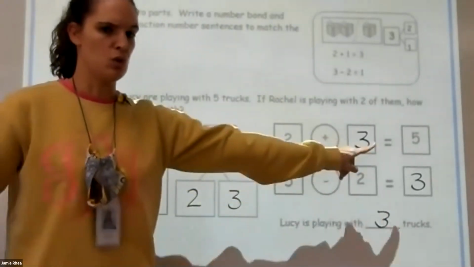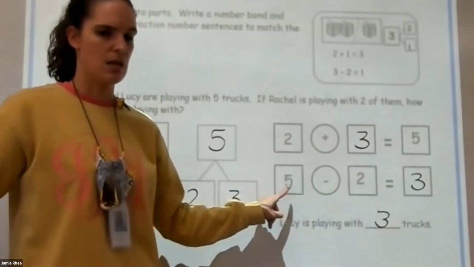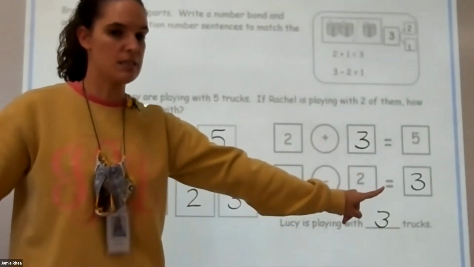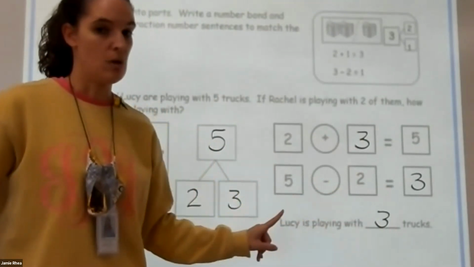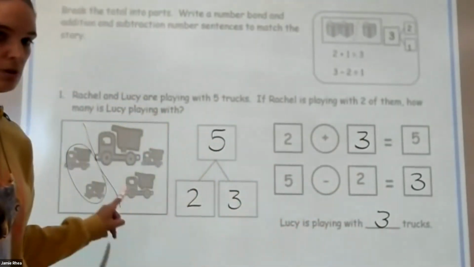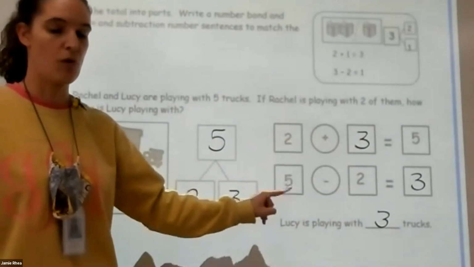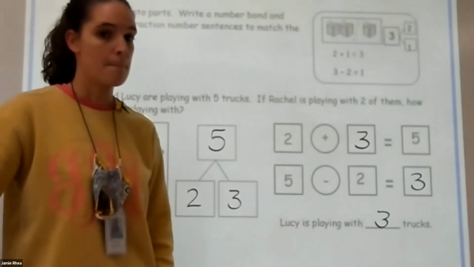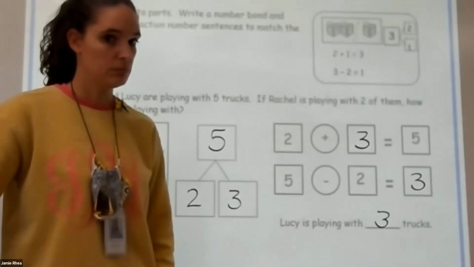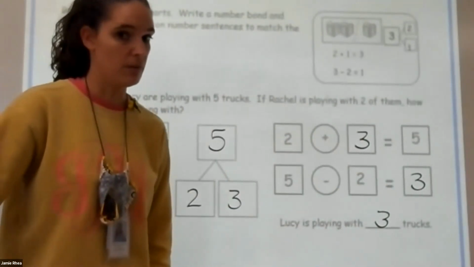Did you do an addition sentence? Did you do a subtraction sentence? Did you fill in the statement? You have to do all of those 5 different things. Make sure you do them all because I will count off on them.